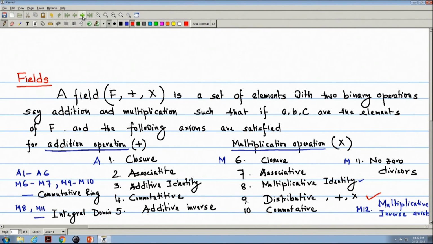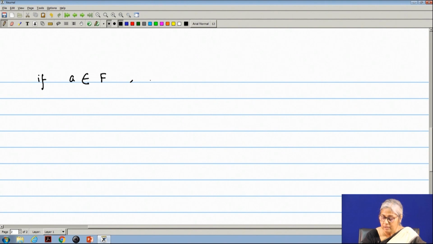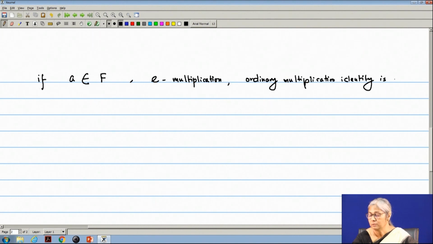So, what is the multiplicative inverse? That means if A belongs to F, the field, and the multiplicative identity is E, this E is the multiplicative identity, which for ordinary multiplication is 1.